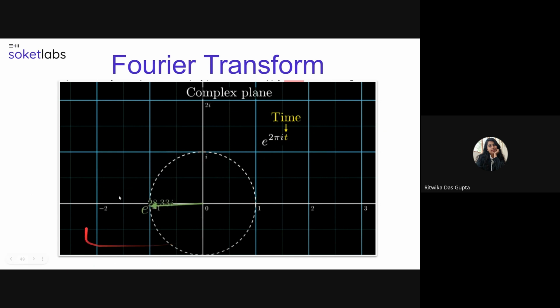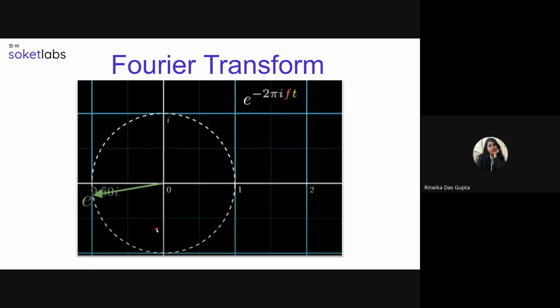When this vector keeps rotating, it also depends on the kind of rotation. If it is rotating clockwise, then it will be positive, and if it is rotating anti-clockwise, then we have to put a negative sign in here. And we also add the frequency, because our major aim is to calculate the frequency itself.